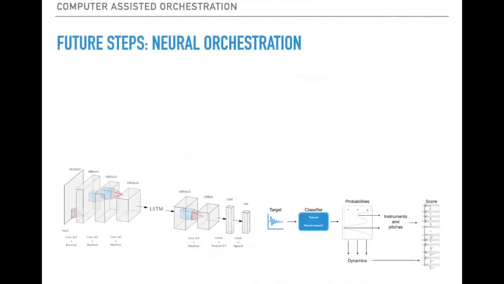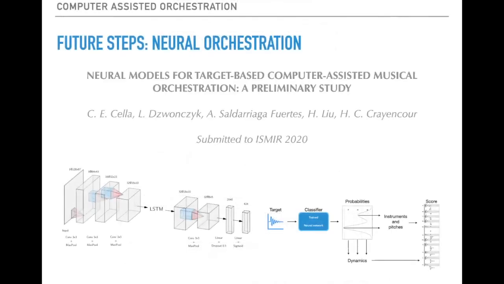And then, of course, another step would be using neural networks. I just submitted to Izmir a sort of experiment in which we use a couple of models, among which a convolutional network with an LSTM unit in between, to orchestrate, and we got decent results.